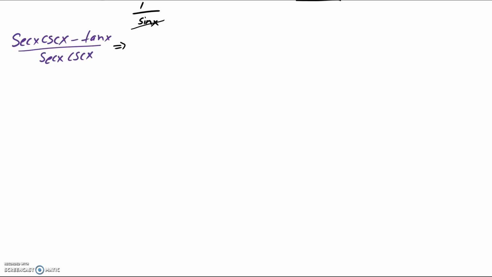I hope you remember the identities for secant and cosecant. Secant is 1 over cos x times cosecant is 1 over sin x, minus tan x, whose identity is sin x over cos x, over. Now you have a denominator.